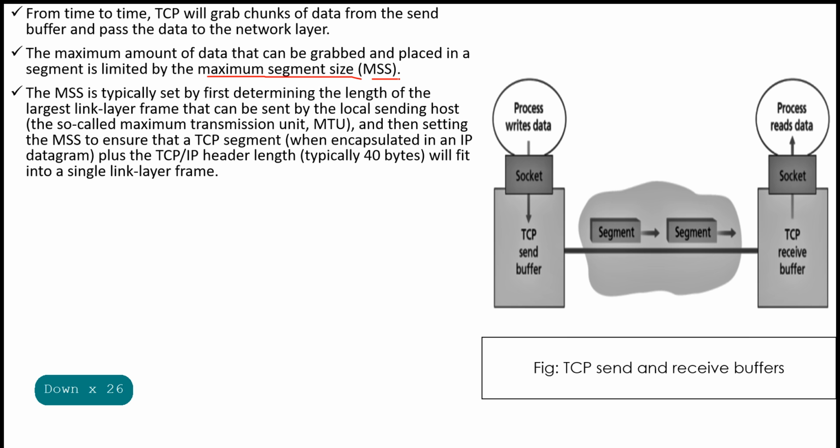The MSS is typically set by first determining the length of the largest link layer frame that can be sent by the local sending host, and then setting the MSS to ensure that a TCP segment plus the TCP/IP header length, that is typically 40 bytes, will fit into a single link layer frame.